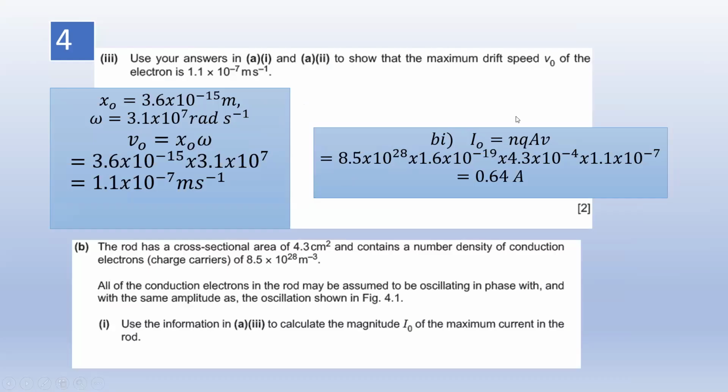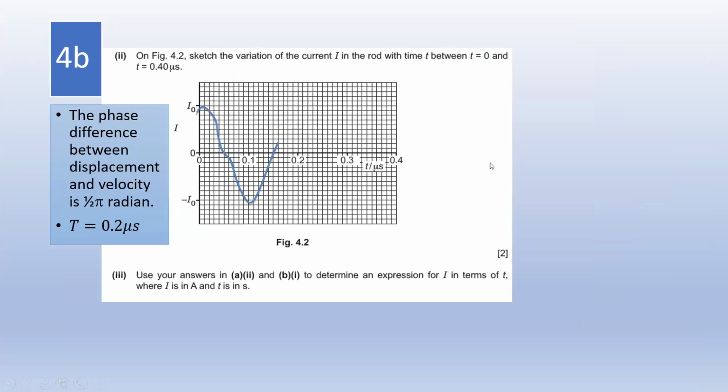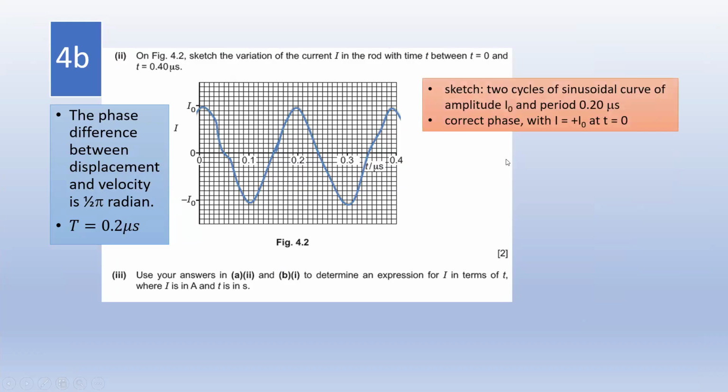I naught is basically speed, so it's a cos graph. Period is important. That's a period, important there. But I don't think they will mark you down even if you invert this one.